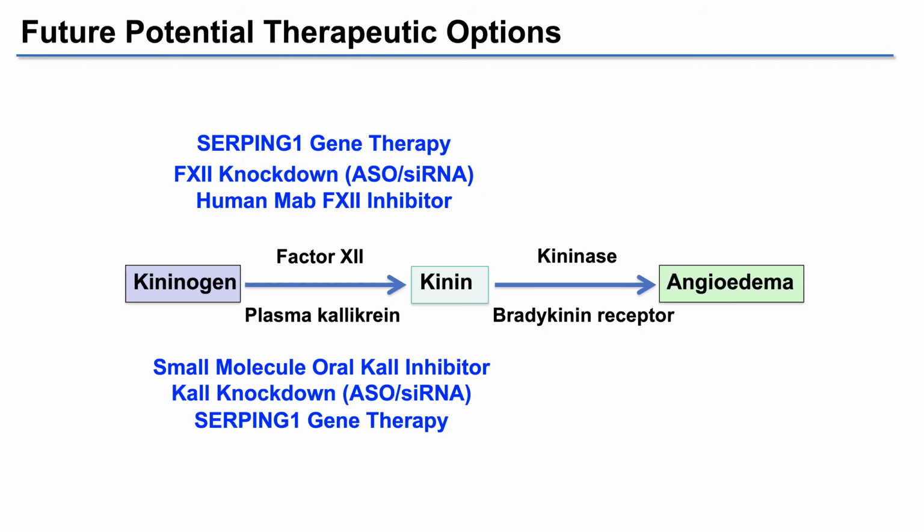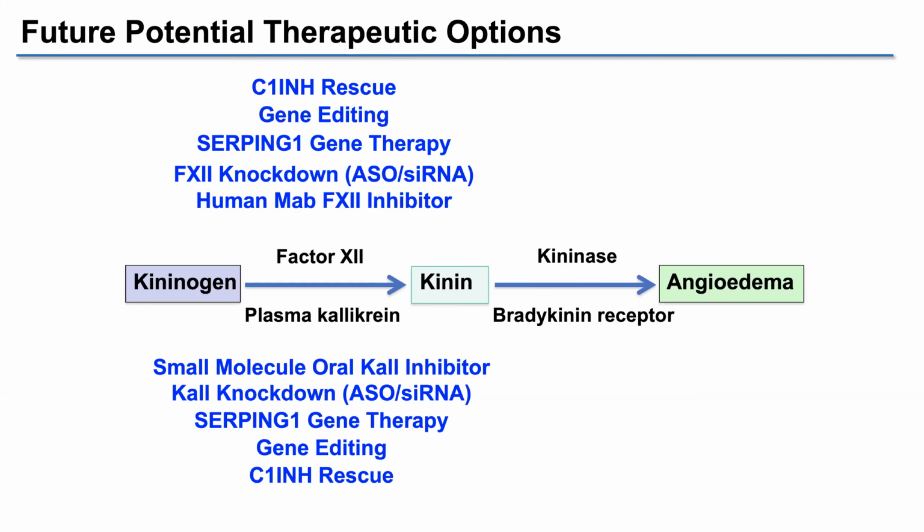I have some qualms about that, but I don't have time to talk about it. And then gene editing, I think down the road is going to be an interesting strategy, CRISPR-Cas or whatever the gene editing technique du jour turns out to be by the time it gets to HAE. And finally, the area that I talked about that we're interested in, C1 inhibitor rescue, has some potential.